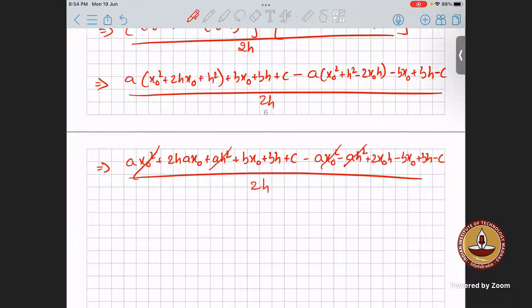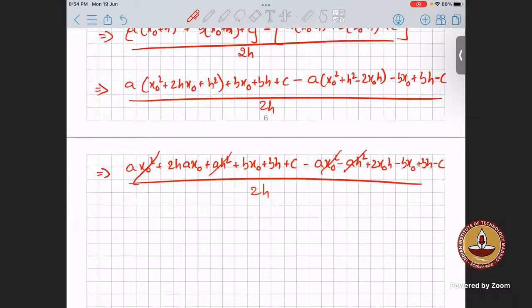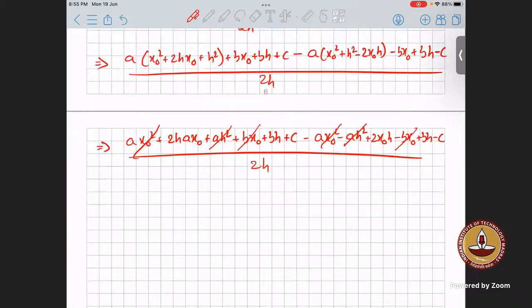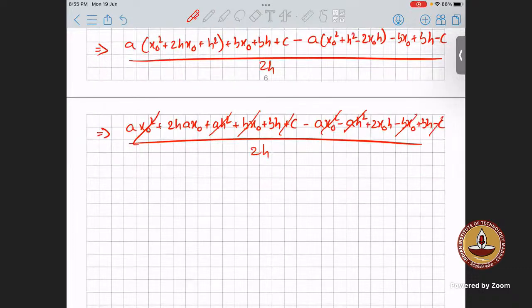What are the other variables? bx naught and minus bx naught cancel, and c minus c cancels.